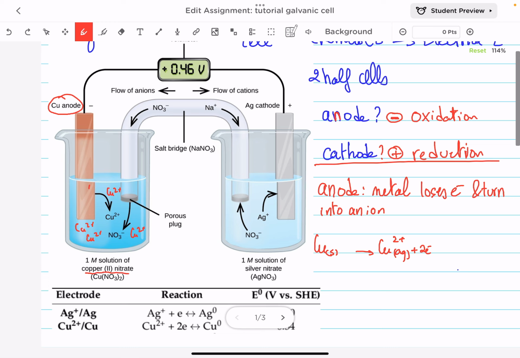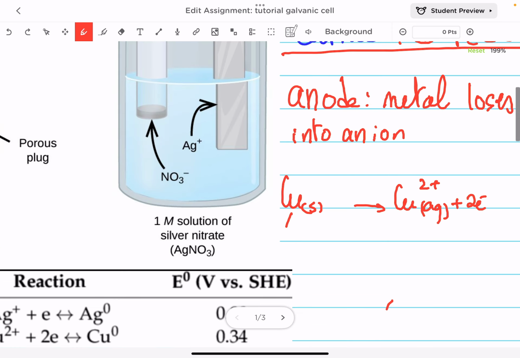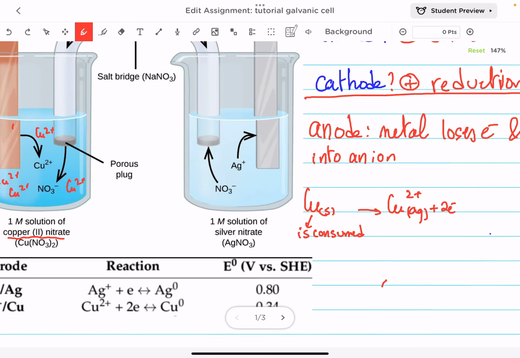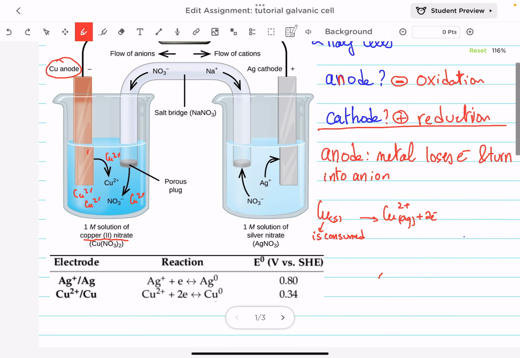So in the solution as well, there are other ions of Cu2+. Every time the metal loses electrons, it turns into Cu2+. In other words, the metal itself is consumed. And that's why when we look at the anode after a while, we find that the mass of the anode decreases because the metal is used.